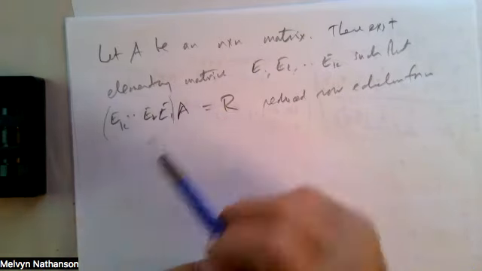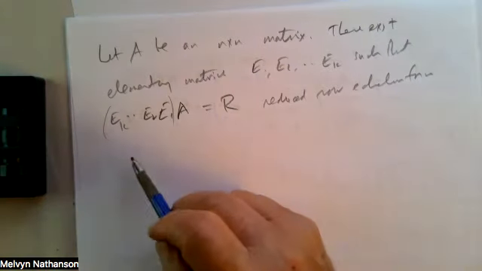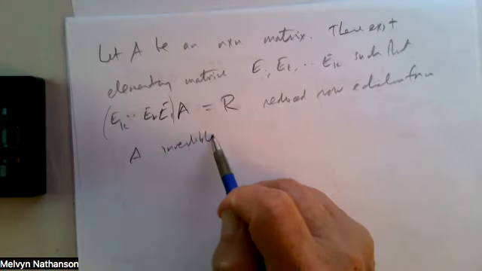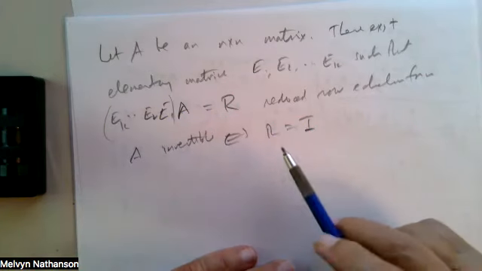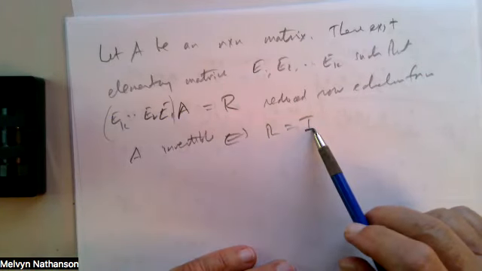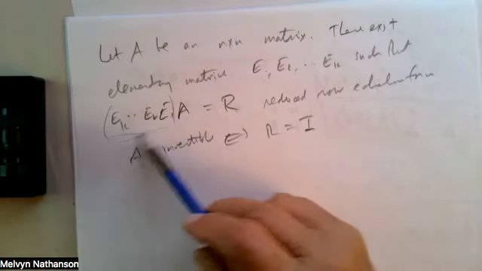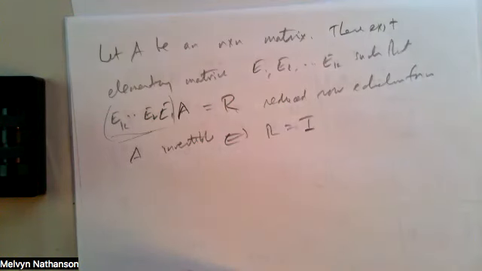And inverse matrices are invertible. So let's just say that A is invertible if and only if its reduced row echelon form is the identity. Because if that were the case, if R is the identity, then A times this matrix is the identity, and this is the inverse.